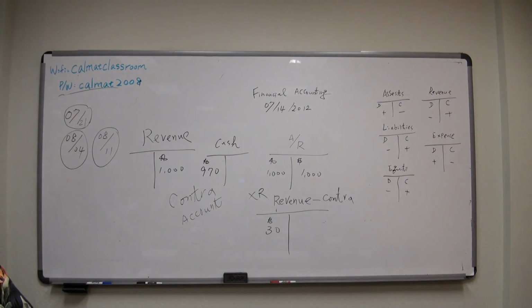For example, it's called inventory A, like Apple. Inventory is an asset, and the asset decreases by 700. So inventory A credit by 700.